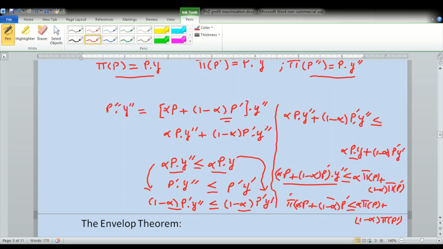So profit at average price is less than or equal to the average of the profits at the prices used in the weighted average. This is the definition of convexity.